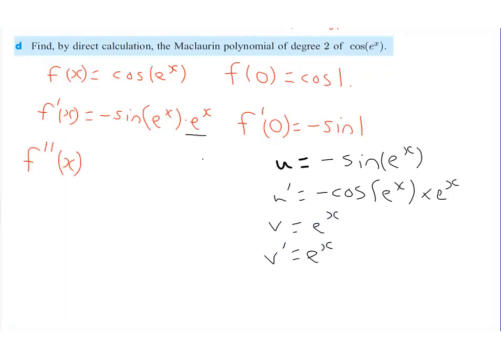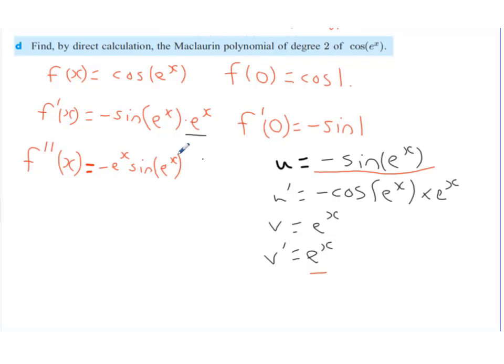So f double dashed x is going to be u dv by dx plus v du by dx. So u times dv by dx, it's going to be minus sine e to the x times dv by dx, which is e to the x, so it will be minus e to the x sine e to the x.